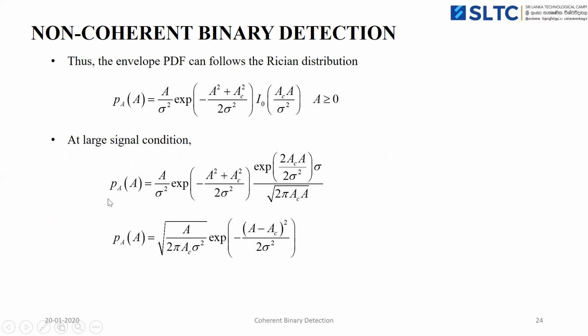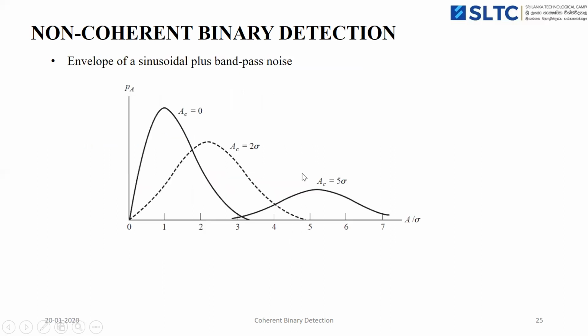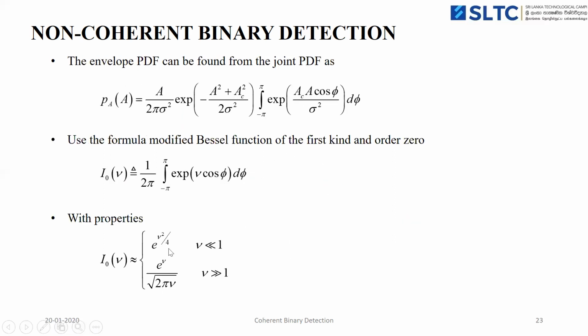So the envelope PDF P of A: we replace that integration term by the modified Bessel function I0 of v, where v is AC A by sigma squared. At a large signal condition, we apply v much greater than 1, e power v by square root of 2 pi v.